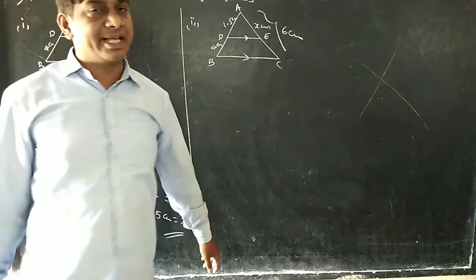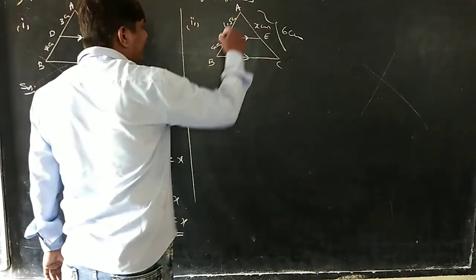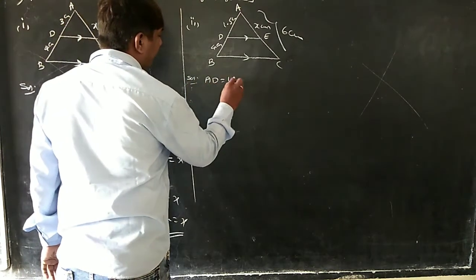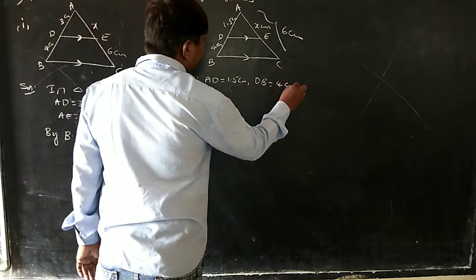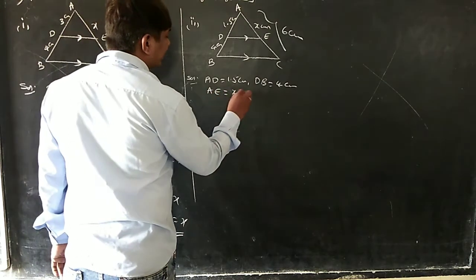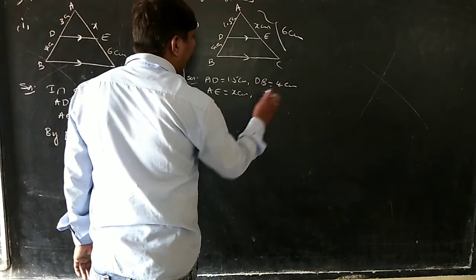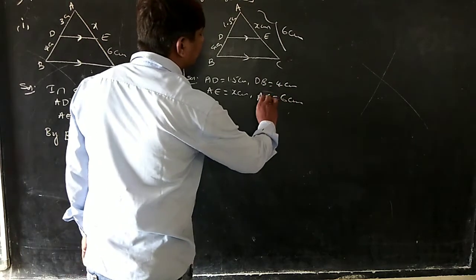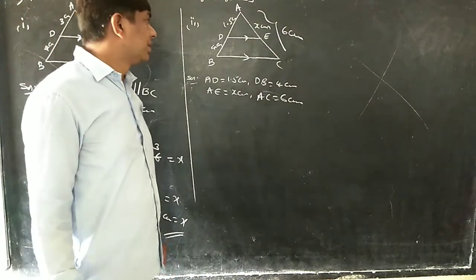AC value directly they given. Here in this one AD is equal to 1.5 centimeters they given. DB is equal to 4 centimeters is given. AE is equal to x centimeters. EC is I don't know, but they given AC is equal to 6 centimeters.